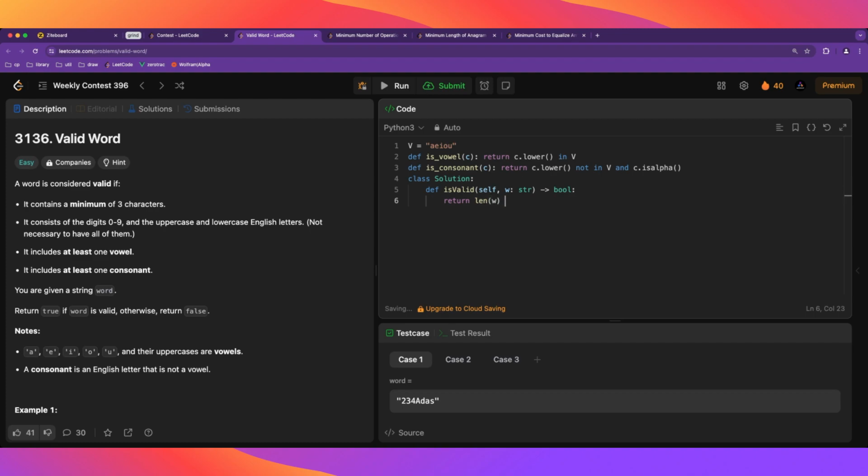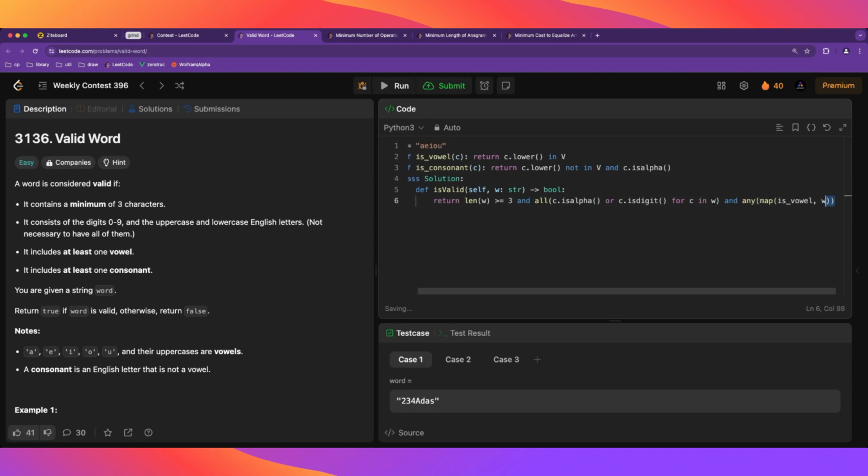Let's shorten the name, why not? So the length, then we want all of them to be alpha or digit, and we want any to be a vowel, and here same thing with is consonant.